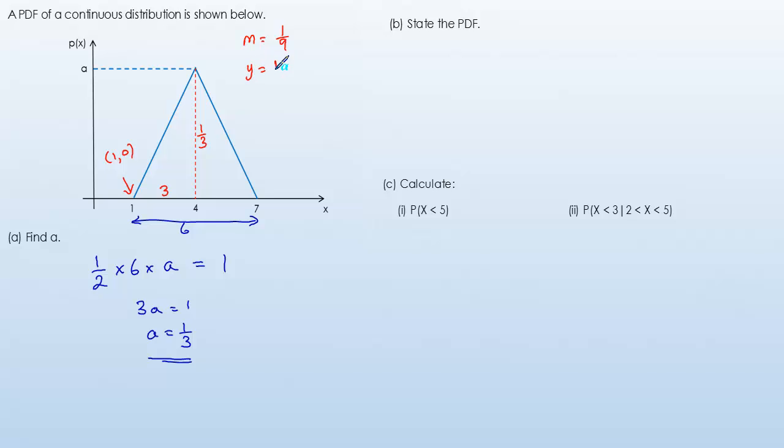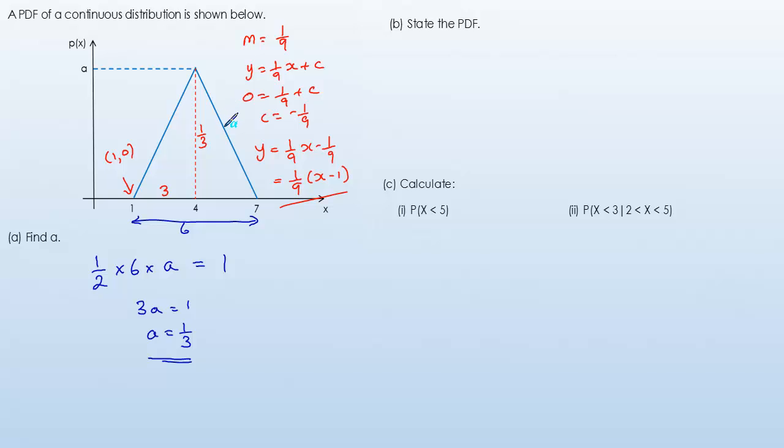So y equals 1/9 x plus c. 0 equals 1/9 plus c. So c is equal to negative 1/9. So we can say that that is 1/9 x, take away a 9th, or if we like, 1/9 of (x minus 1).